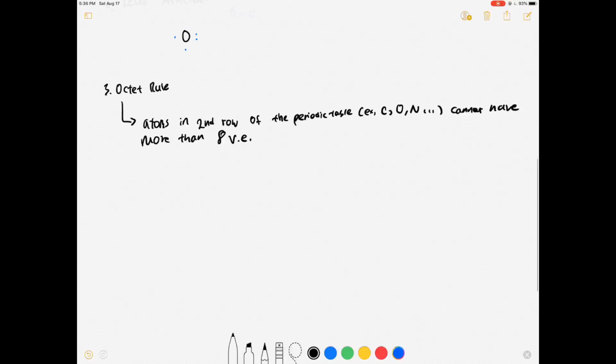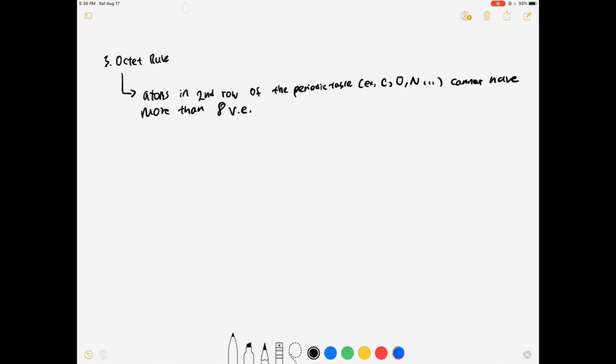So let's try this one. You have a nitrogen here, double bonded to an oxygen, and single bonded to another oxygen. Nitrogen has a positive charge. I'm going to draw out all the lone pairs for you. This oxygen has a negative charge, and this one has a hydrogen with it.